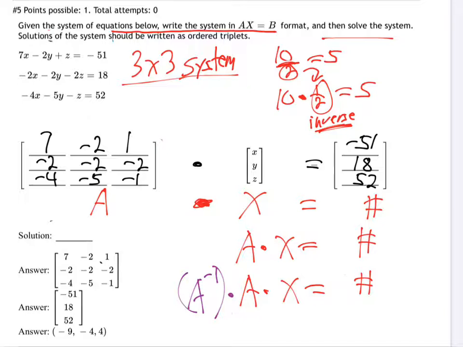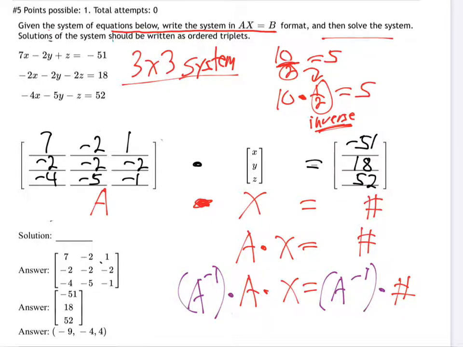And whatever you do to one side of an equal sign, you have to do the same thing to the other. I'm kind of running out of room here. Let me put a little more room there. If you put A inverse multiplied on the left side, then you got to put A inverse multiplied on the right side.